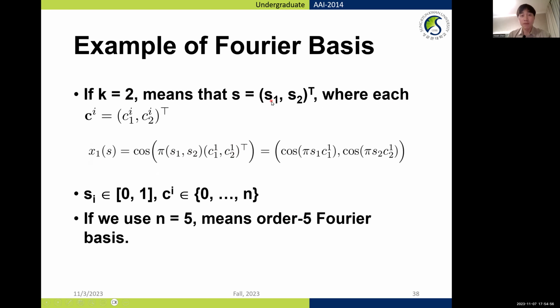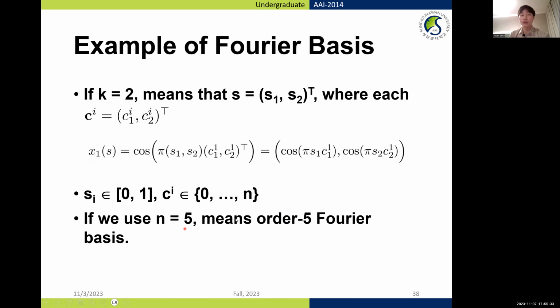This is a row vector times a column vector, so we can rewrite it. This x_1 feature actually has 2 components: cosine pi s_1 c_11, and cosine pi s_2 c_21. Remember s_1 and s_2 fall between 0 and 1, a continuous range, and c_i depends on the order: the higher the order, the higher the frequency, and the lower the order, the lower the frequency.